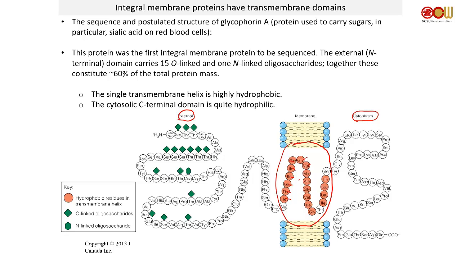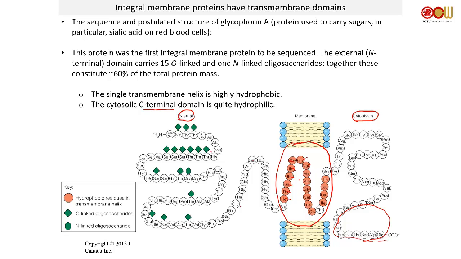And then on the outside of the membrane, you have primarily hydrophilic residues that will bind whatever substrate they bind. What you see is that the cytosolic C terminal is quite hydrophilic. And then on the N terminus, you have a bunch of sugars attached to it. So what do you see?